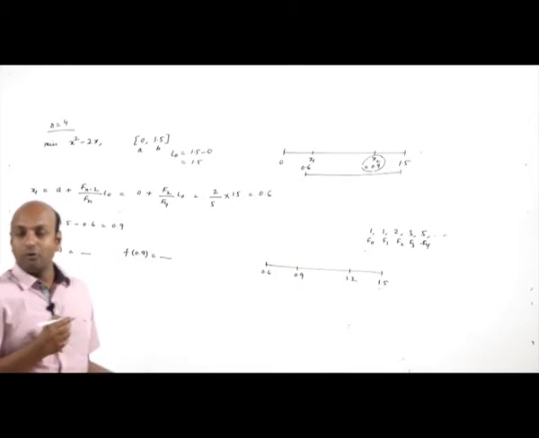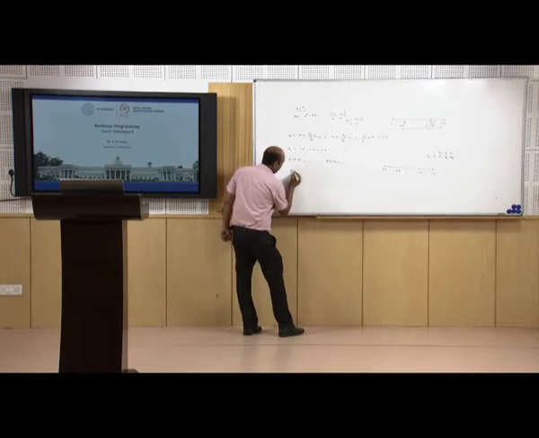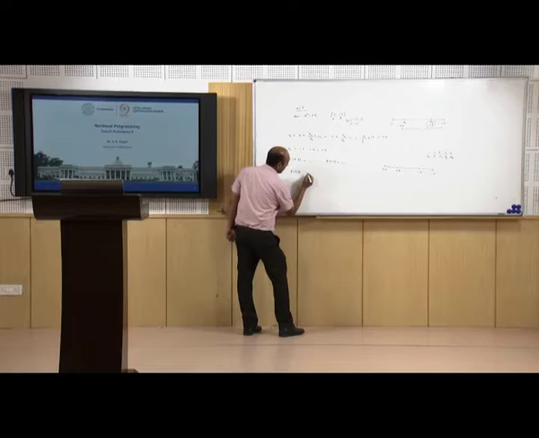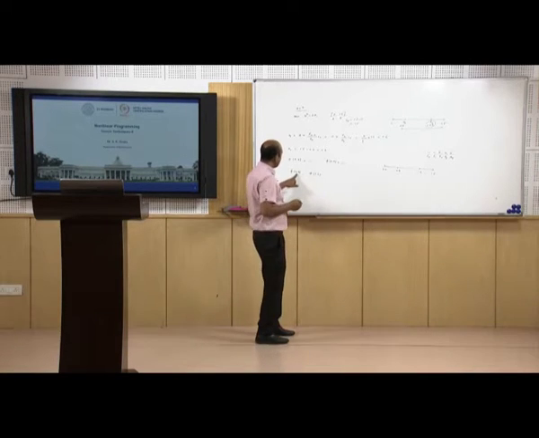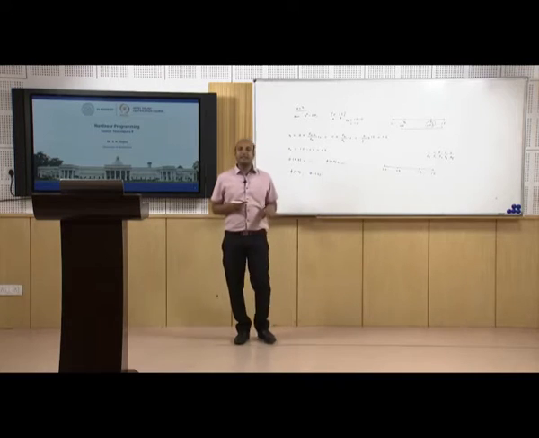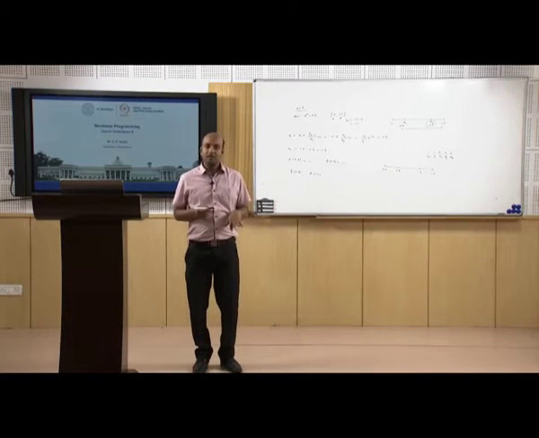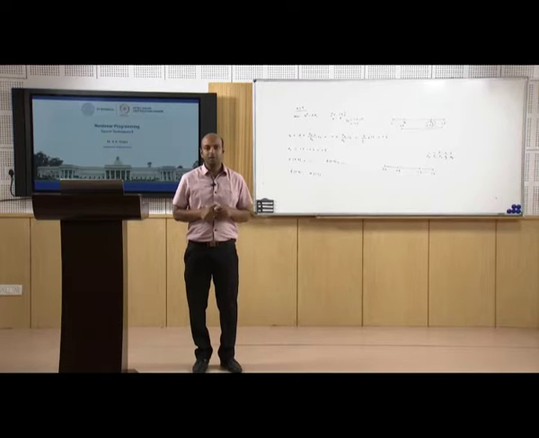Now, you will find the value of the function at the two experiments. Again you will find f of 0.9 and f of 1.2. Again you will see whether f of x1 is less than this or greater than this. This will decide the next interval of uncertainty, and the same process continues till n equal to 4, till we find the 4 experiments.